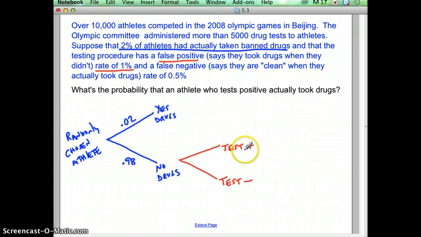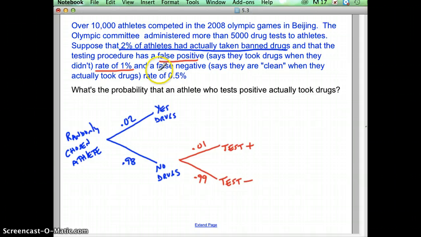So that would be this scenario right here, testing positive when they did not take drugs. That is a rate of 1%. So that would be a 0.01. So if that's 1%, wouldn't this be 99%? 99% of the time they test negative when they did not take drugs? That should happen, right? This is like an error in the test, the 1%.